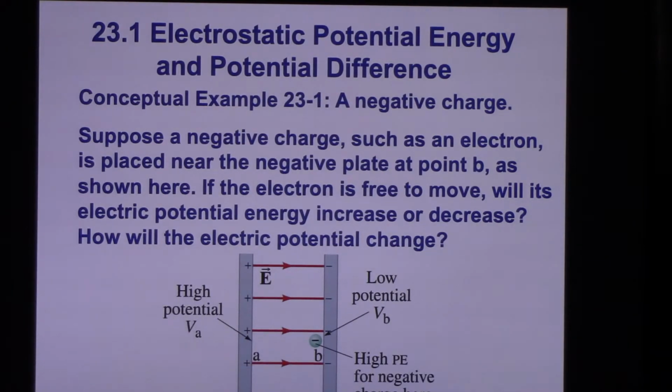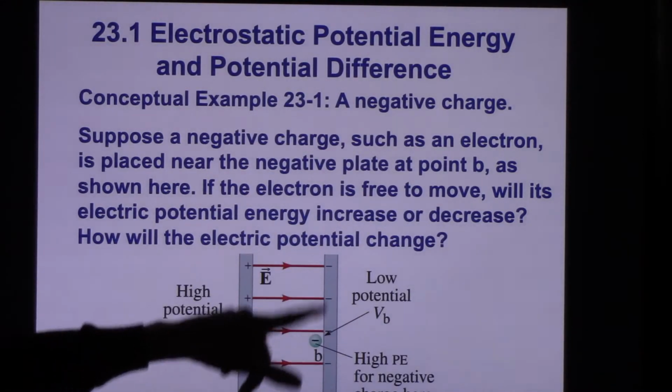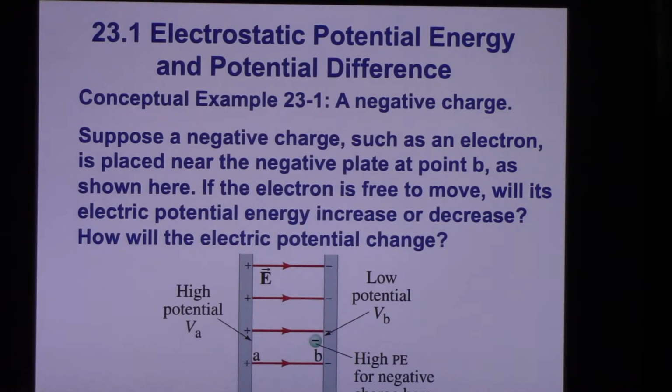Now, in chapter 22, in our lectures, we actually showed that that's really an approximation. We have to get these plates really close to each other in order to maintain a uniform electric field across that region between the two plates. So that's our standard diagram for setting things up.